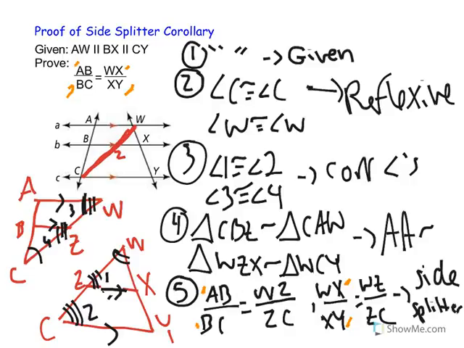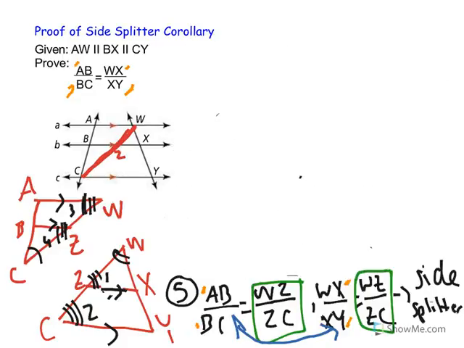Okay, so if you notice, these both have in common WZ over ZC. So that means if two different things are both equal to the same thing, then those two different things have to be equal to each other. So I'm going to erase some stuff up at the top to make some more room.